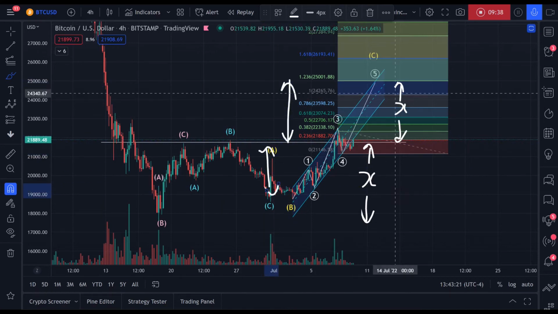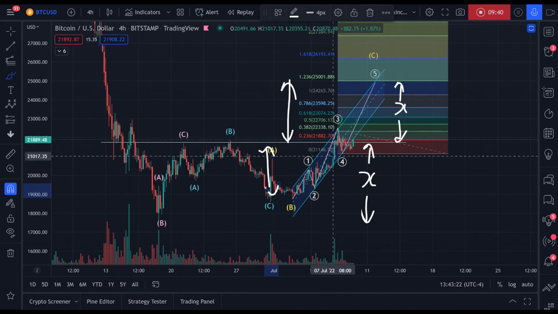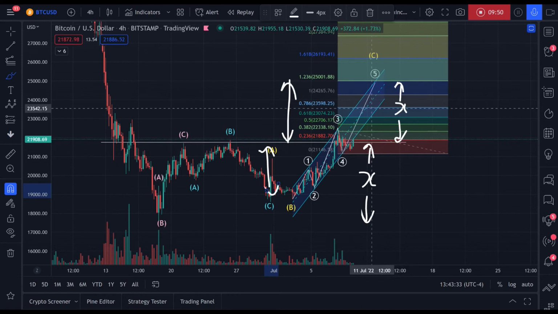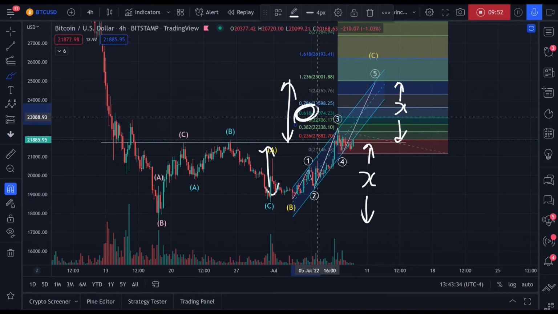So basically, you're 2xing it using your pattern analysis, and then using your Fibonacci extension of the third wave, retracement of the fourth wave, you're 2xing your usual target of 0.618, and you're getting the 1.236. Okay, so that's kind of like the confluence. That's not for sure.